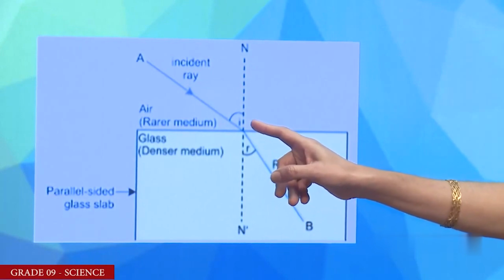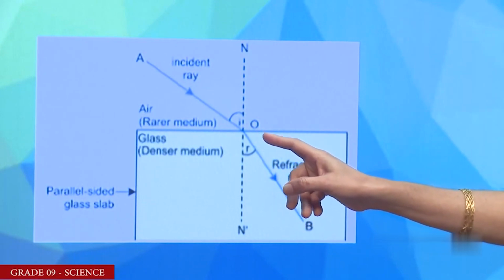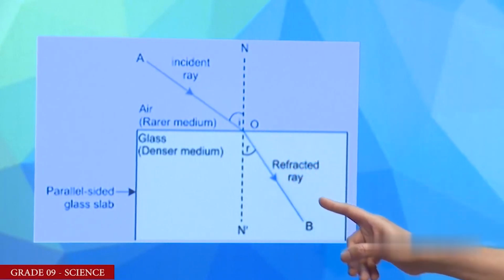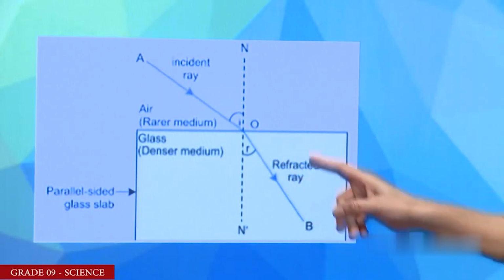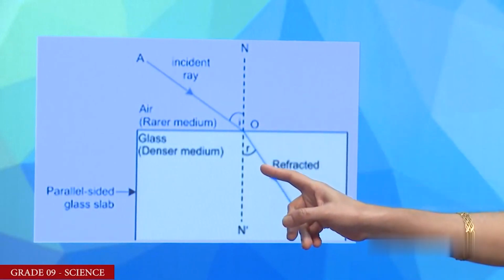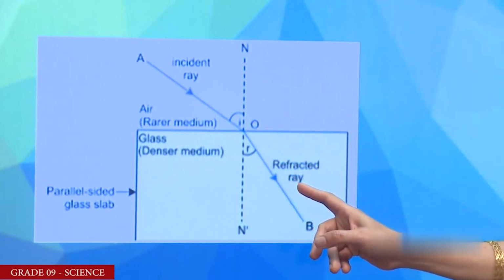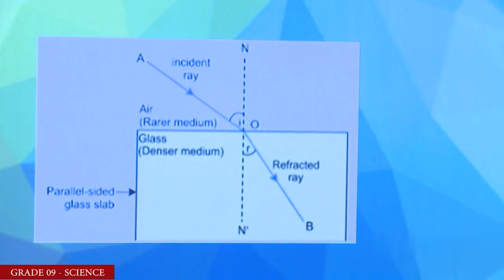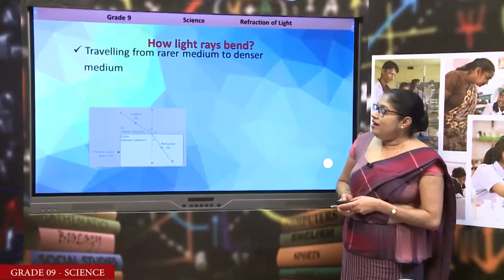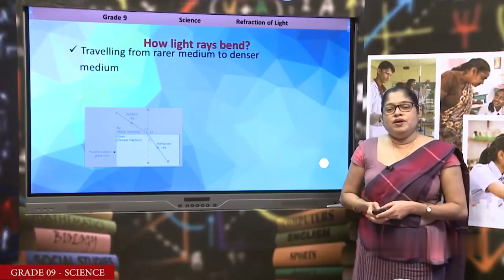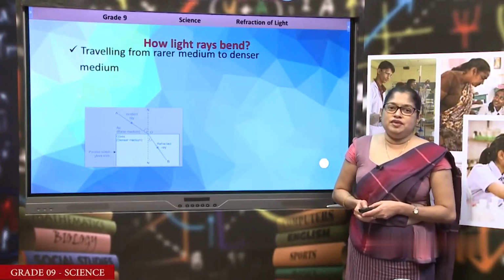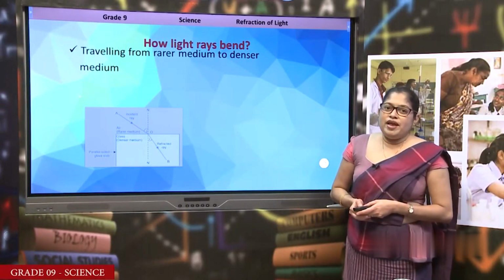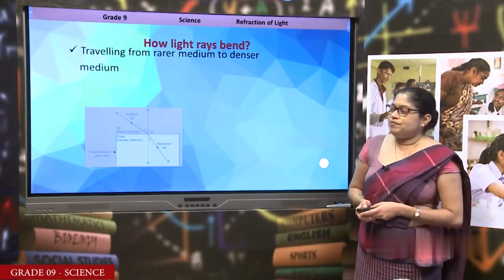Once it is refracted through the glass, you can see the refracted ray here. It is very clear that the refracted ray bends towards the normal. Whenever a light ray is travelling from a rarer medium to a denser medium, the light ray is bending towards the normal.